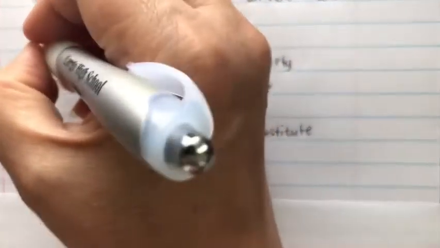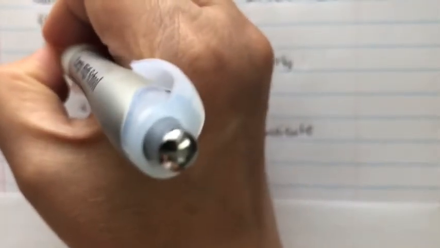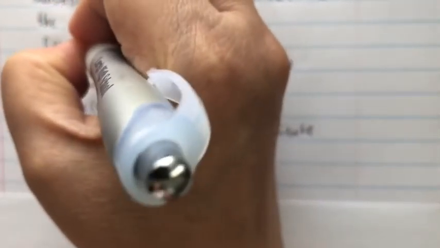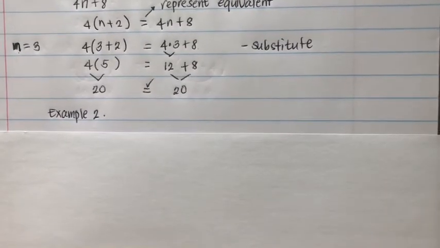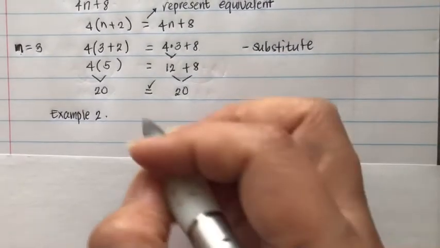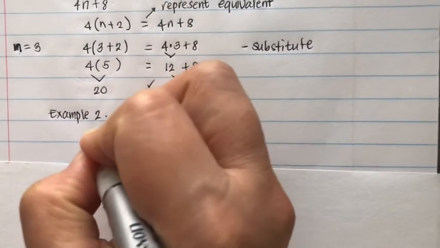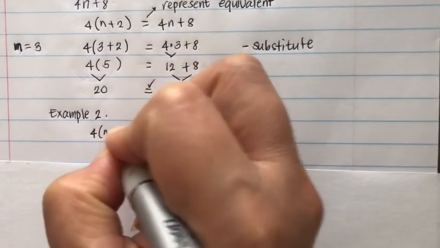So this is our example number 1. Now we are going to have example 2. Let's say I want another equivalent expression for 4 times quantity n plus 2.